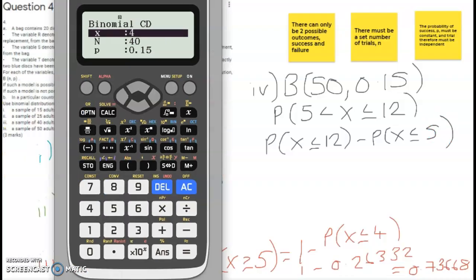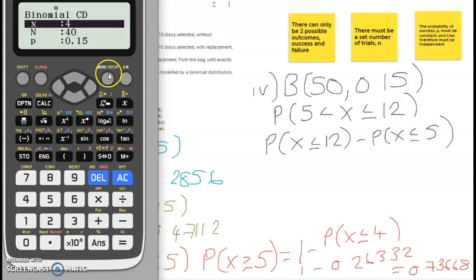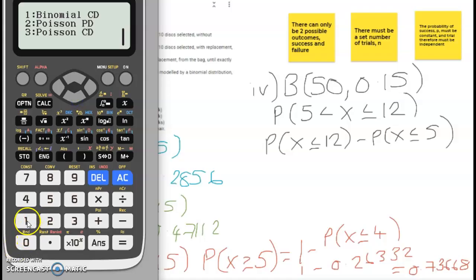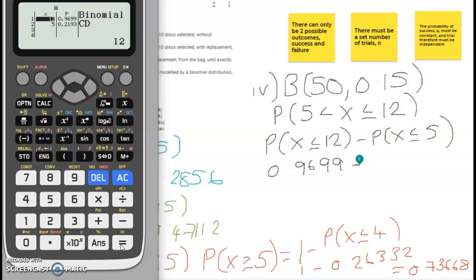And again, I'm going to use the list function this time so I can get both probabilities at the same time. Menu 7, scroll down to binomial CD, but I'm going to use the list options, and this time I want 12 and 5. My n has changed to 50, my p stayed the same. So 0.9699 take away 0.2193.